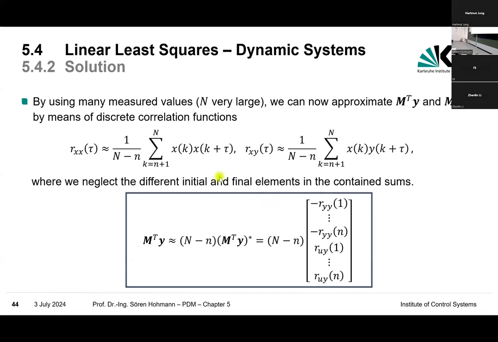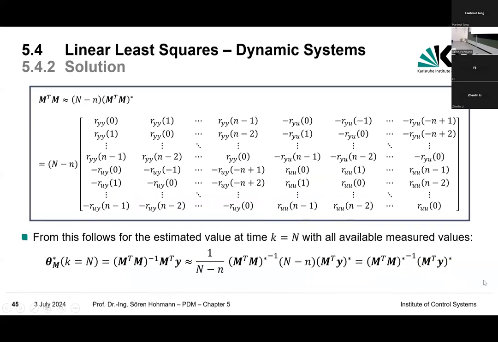If you look at this, you get an approximation of the autocorrelation and cross-correlation coefficients, and these matrices read as follows. They are just a matrix of cross-correlation or correlation coefficients of the various signals at different shifting distances. So you compare whether this signal is similar to that signal, shifted 1 step, 2 steps, 3 steps, etc. This also makes sense in terms of what we are doing here.